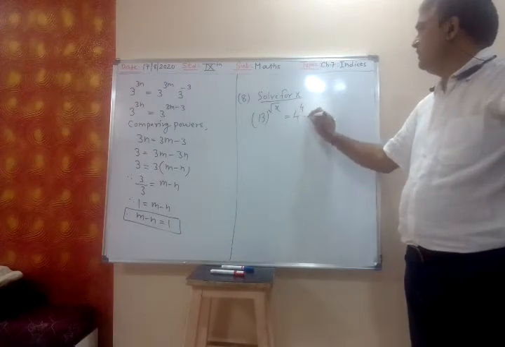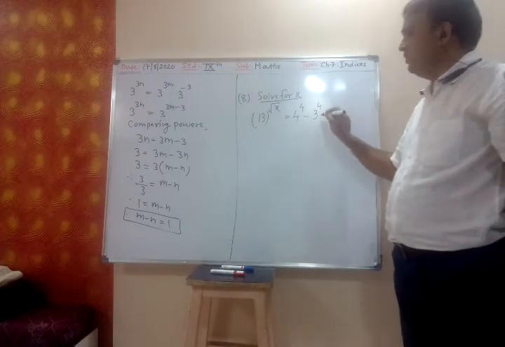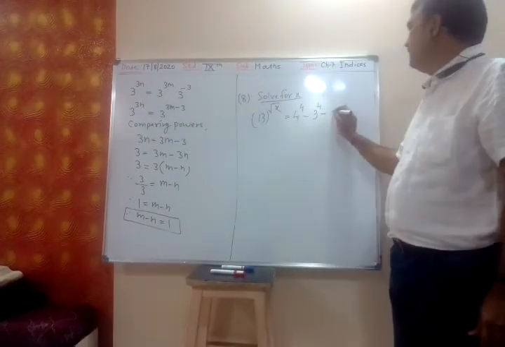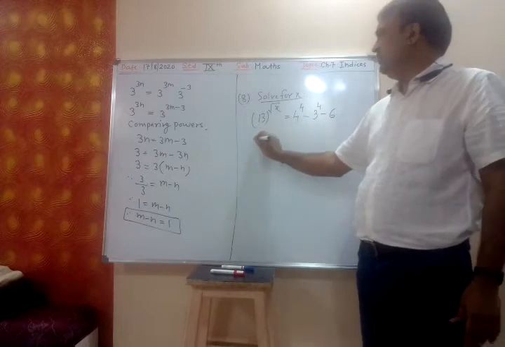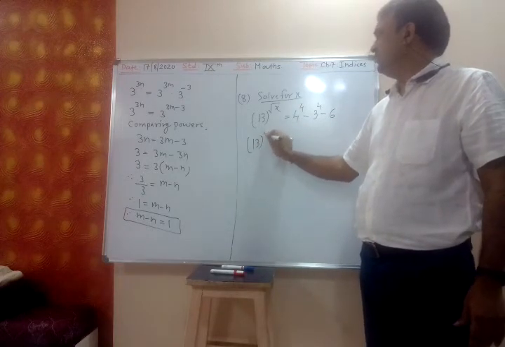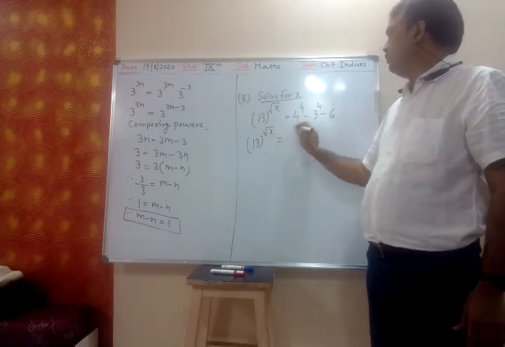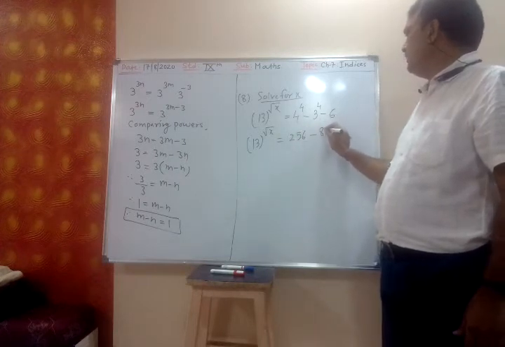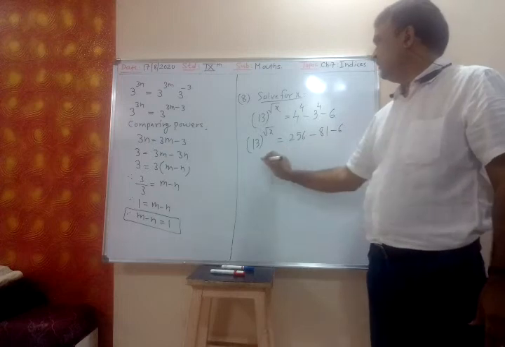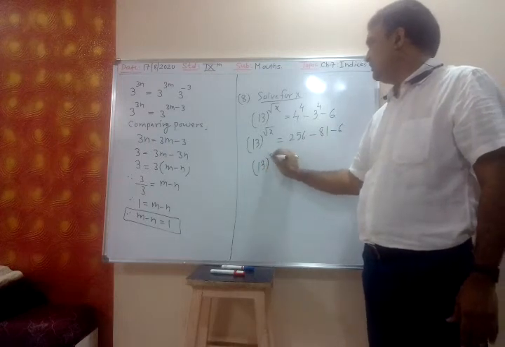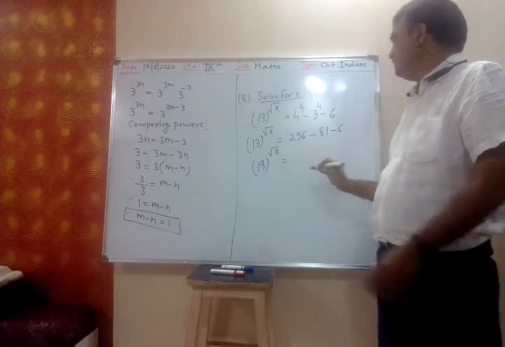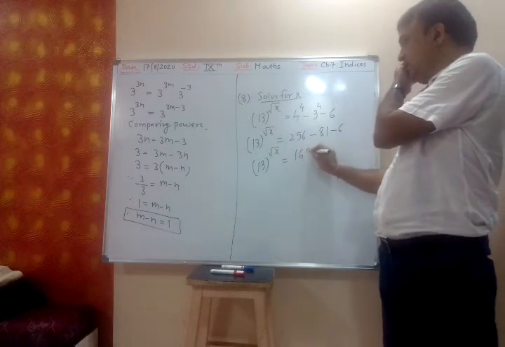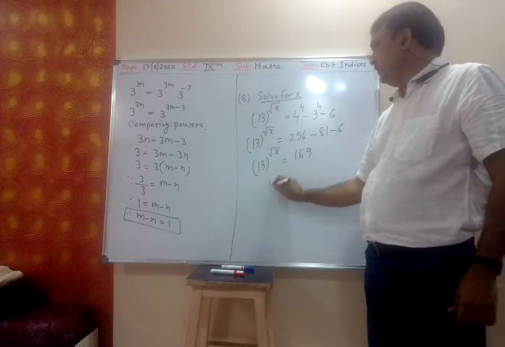So now we write 13 raised to root x. 4 raised to 4 is 256. 3 raised to 4 is 81, minus 6. So 13 raised to root x is 256 minus 81 minus 6, which is 169.